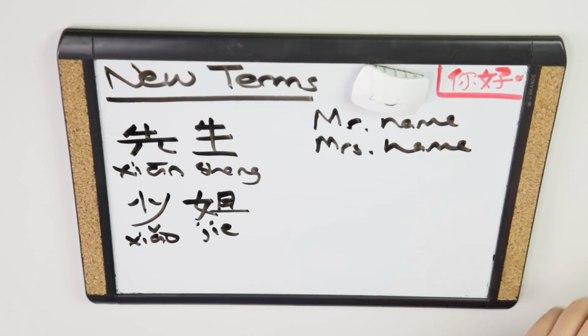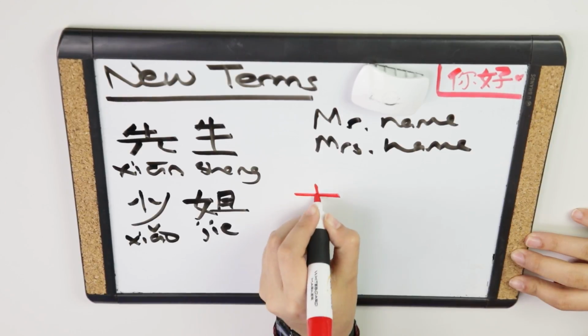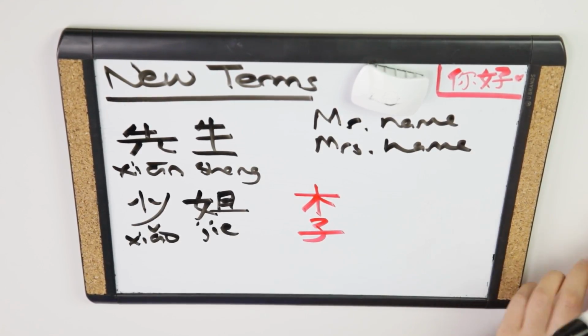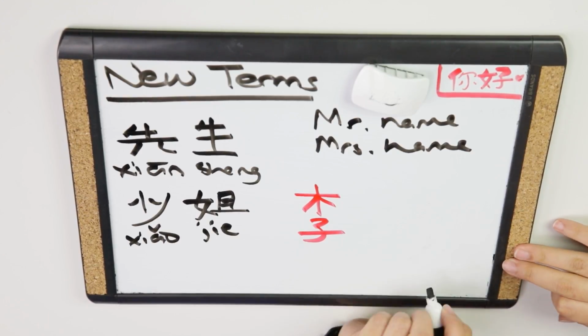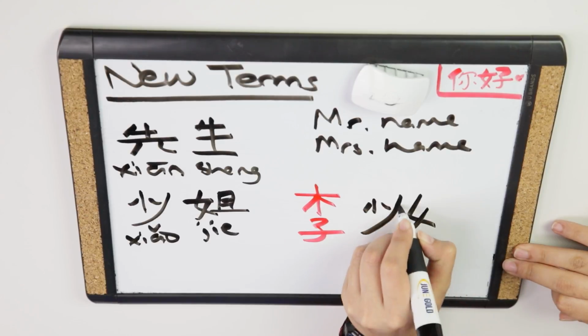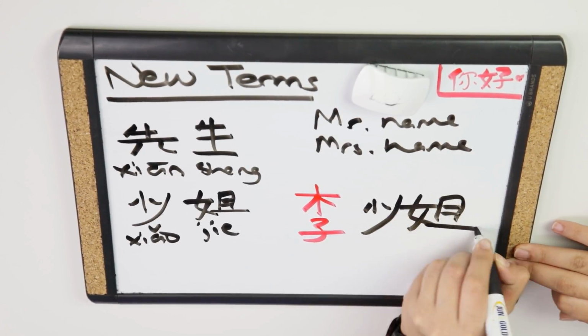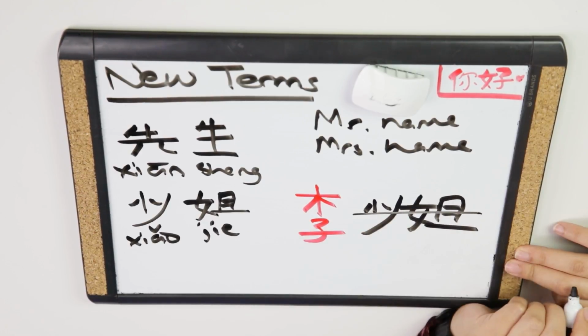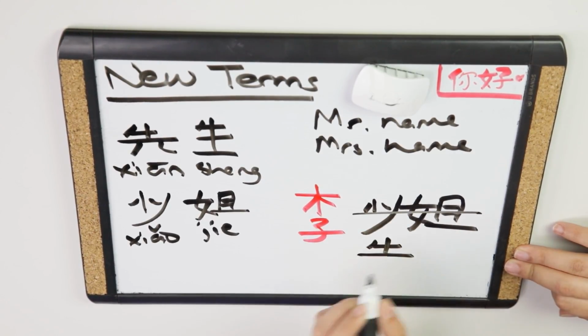So you would put first the surname, which again, my surname is Li, and then you would put 小姐, since I am a lady. Now, if I was a mister, you would just replace 小姐 and put 先生.